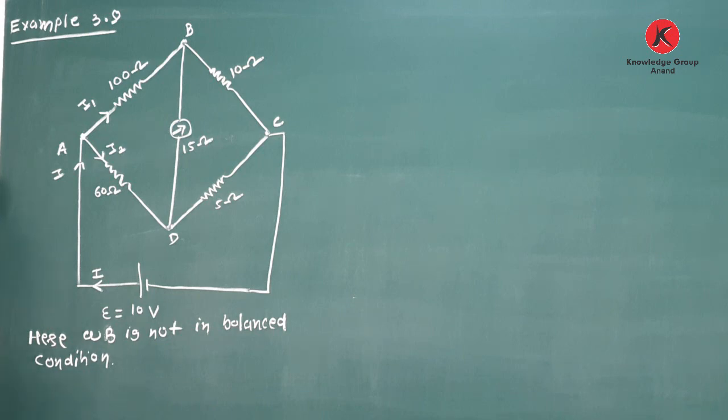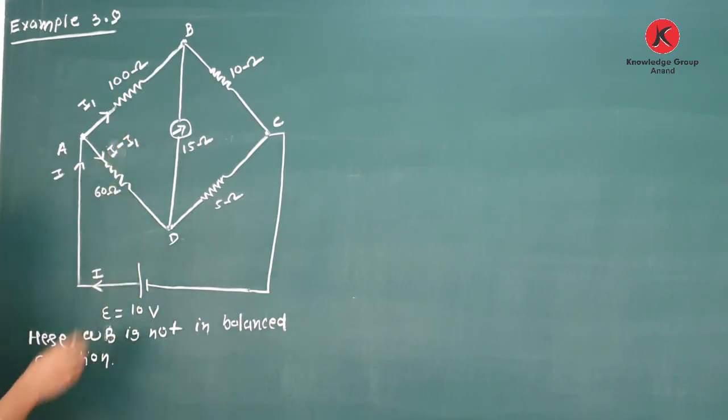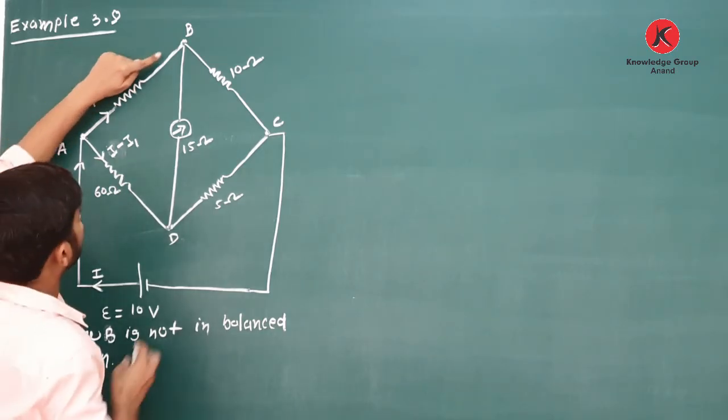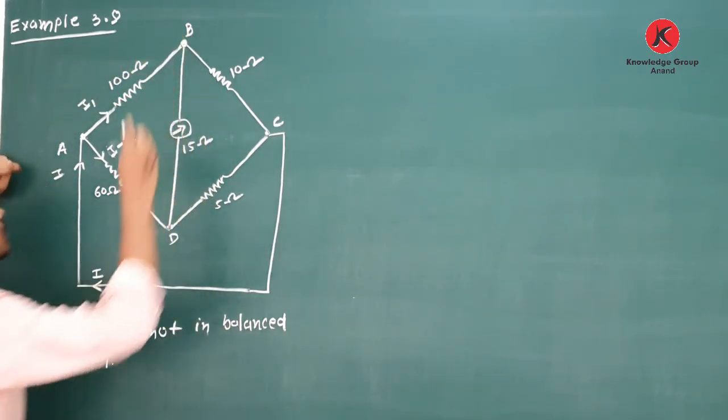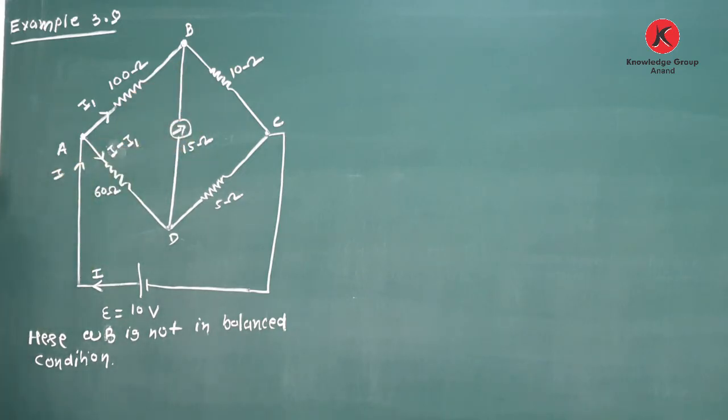Clear about this? Okay. Now see, you can write this I2 or you can also write this as I minus I1. It will be same. This side here is I1, this side here is I minus I1. Now from this point, again current divides into branches.